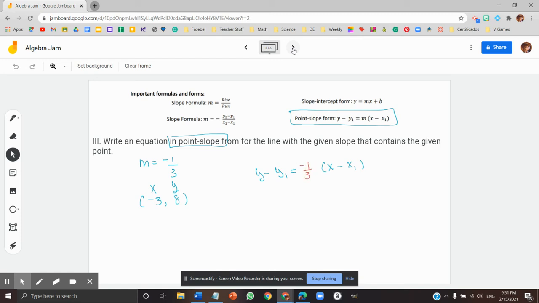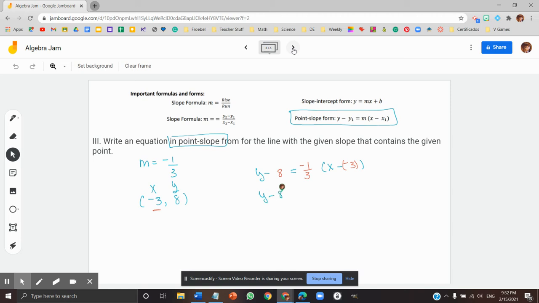I have y, and y is positive 8, so I'm just going to put that 8 there. And I have x, and x is negative 3, so I have to write the negative 3. I'm going to use parentheses so I can have some distance between that subtraction and that negative, because my 3 is negative.